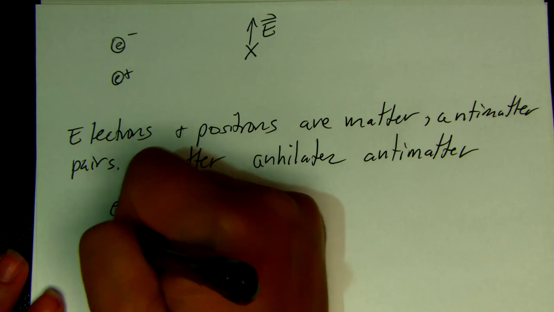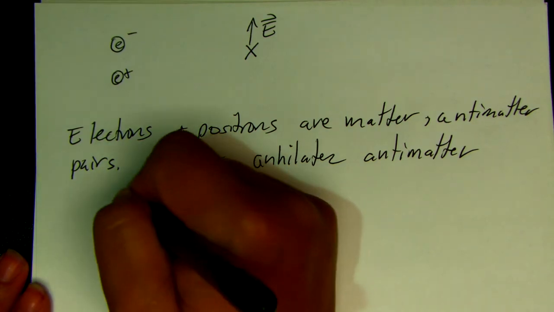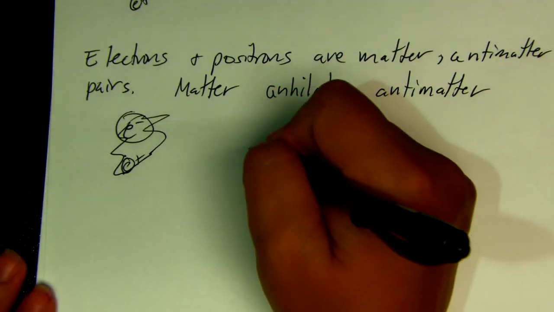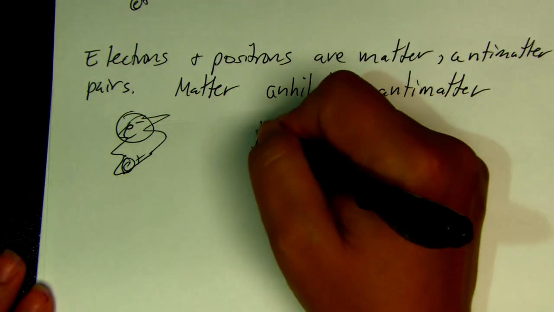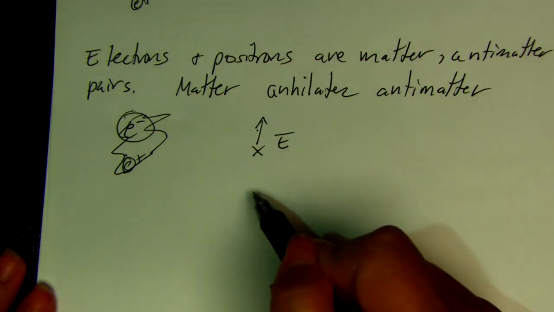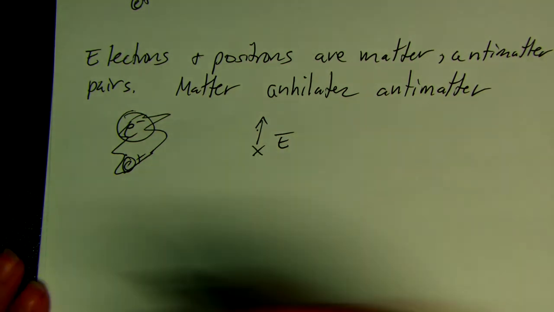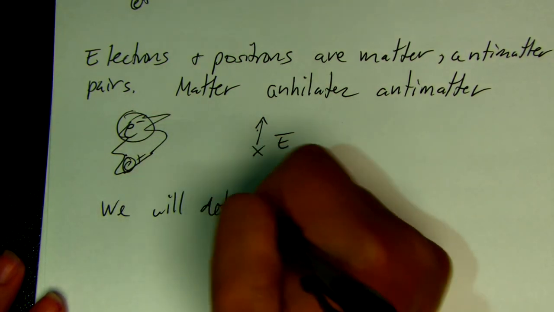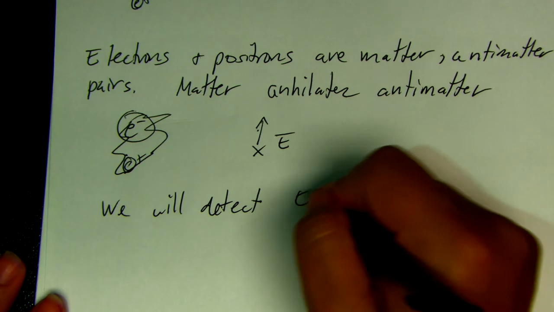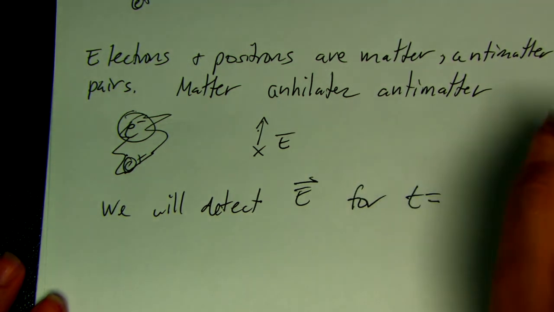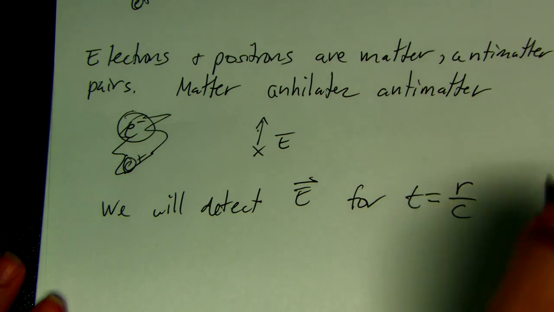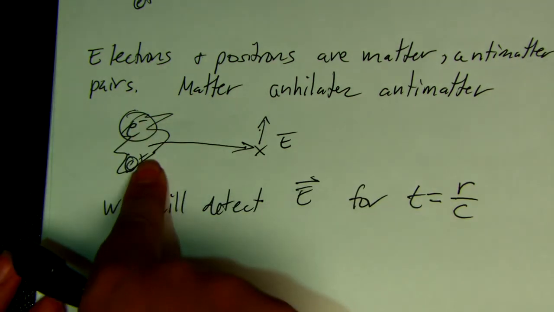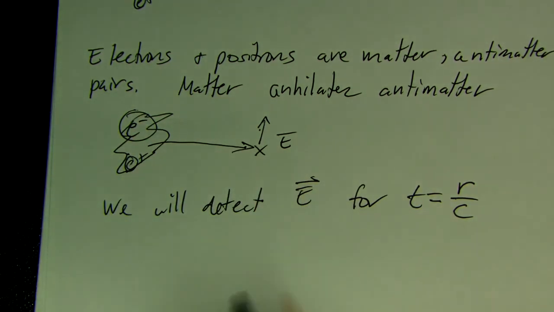So annihilation, Jiminy crickets. They annihilate, they produce 2 photons in the process. And when this happens, at that very moment in time, we are still observing a field. Why? Because it needs to travel to us. So we will detect E for a time being equal to R divided by C, where R is the distance it would take to travel from the source of the dipole to where we were making the observation.